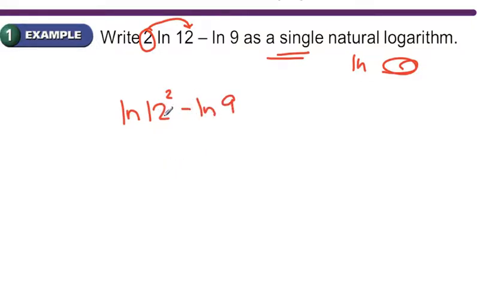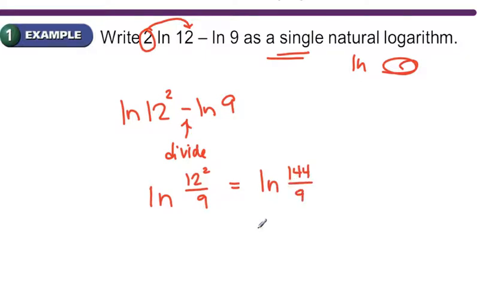You can evaluate that if you wanted to, but it's not really needed because it just says write it as a single natural log. This means to divide. So now we have ln 12 squared over 9.